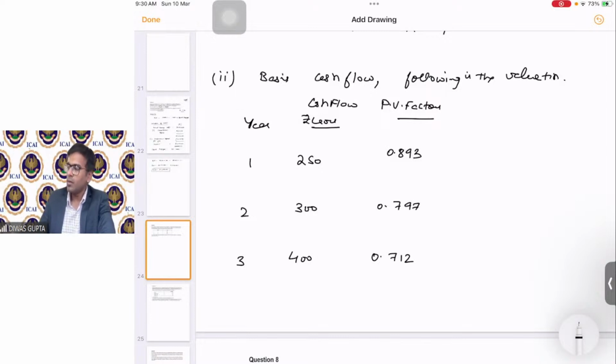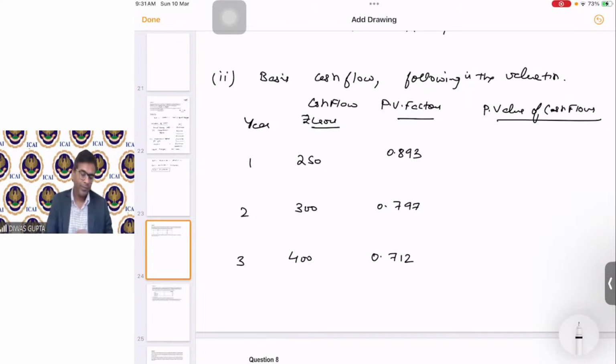Yes, Jyoti, your answer is perfectly fine. Yes, very nice. So, present value of cash flows will be how much? 250 into 0.893, 223.25. 300 into 0.797, 239.10.